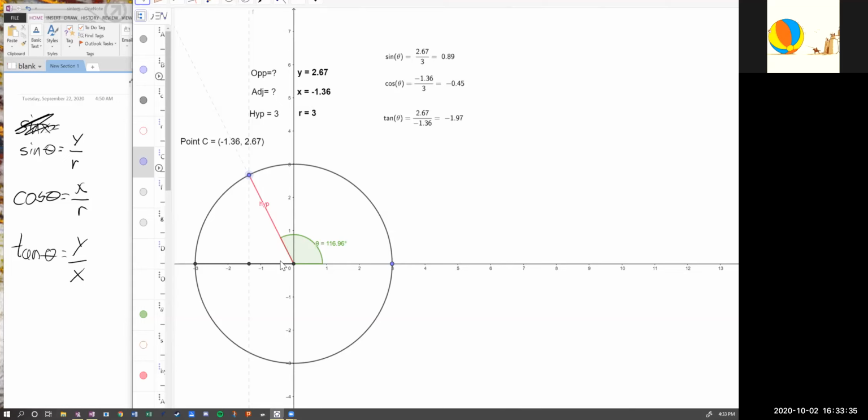But you can take your idea of opposites, adjacents, and hypotenuses and push them into these circular definitions as long as you're looking at that reference angle. So all of the stuff you've been learning about thinking in terms of opposites and adjacents will still carry through into an expanded definition.